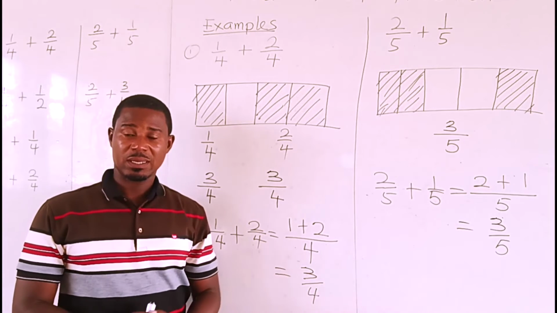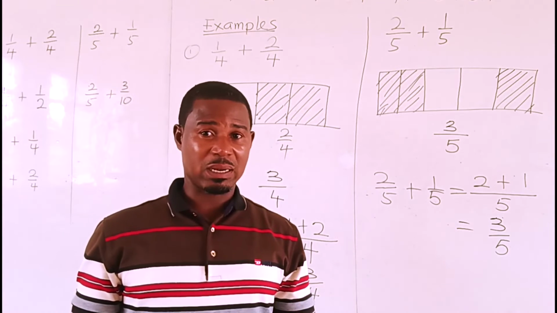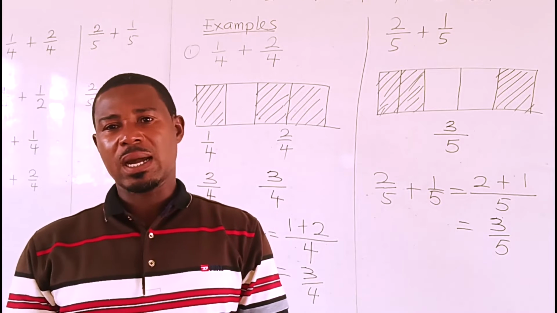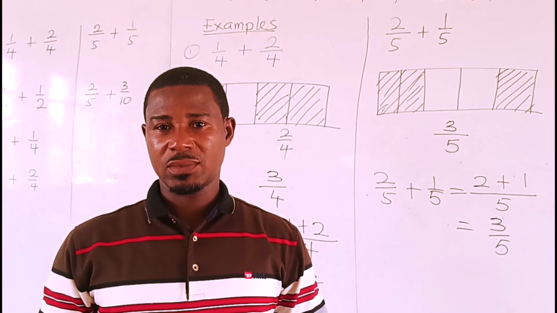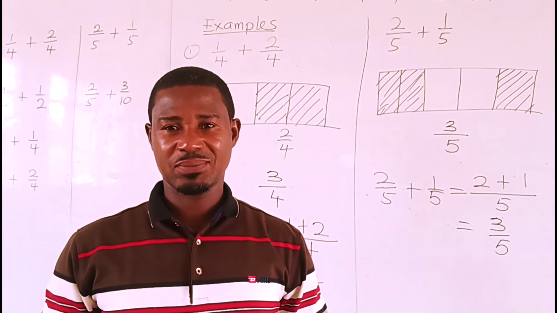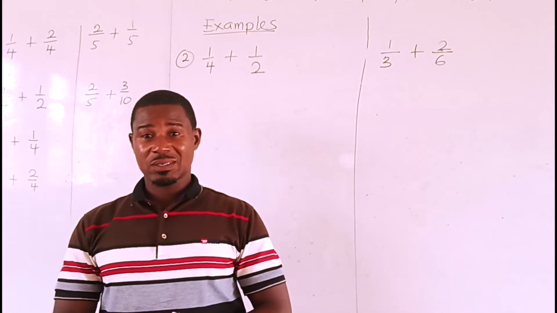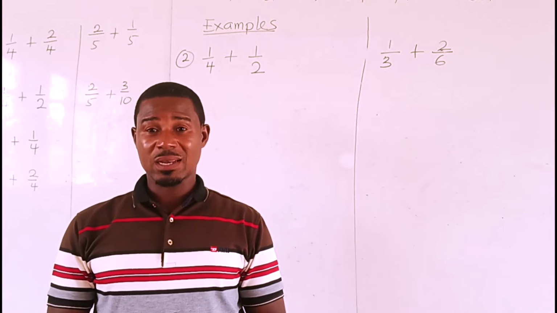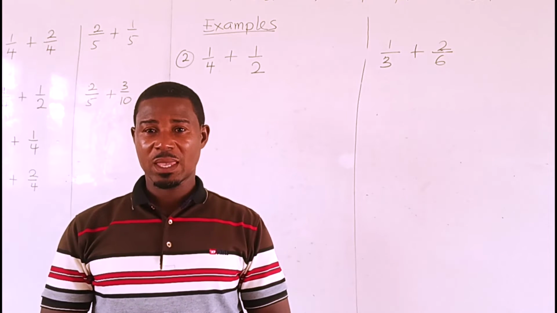Hope this is understandable, or it is clear as to how you can add two fractions that are like fractions. Now we just finished adding like fractions, that is fractions with the same denominator.